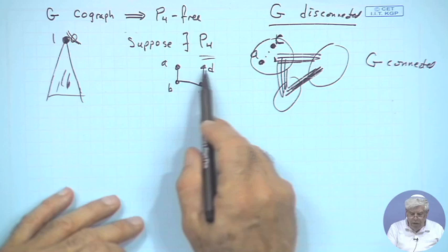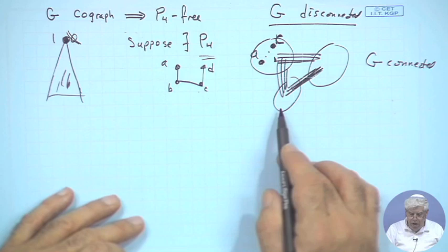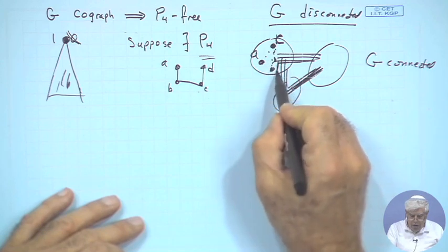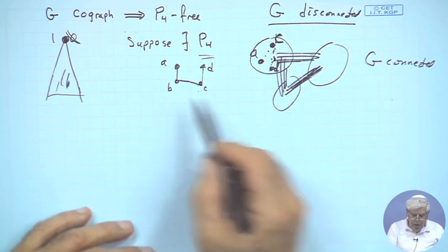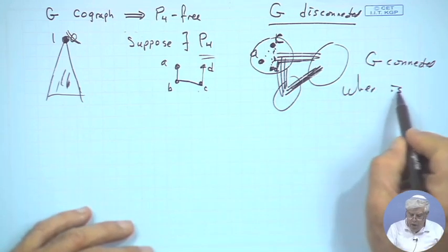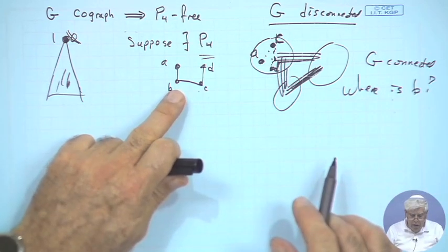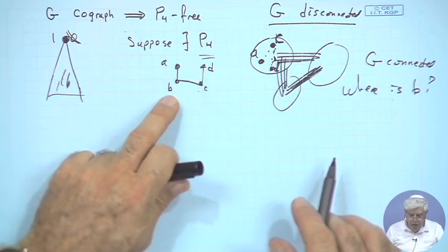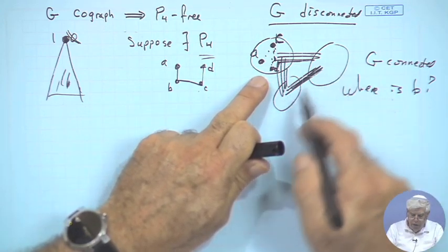Similarly, A and D is a non-edge. So A and D cannot be in one of these other components since it's a non-edge. So D is also not here. It must be together with A and C. Where is B? Well, it's disjoint from D, so it cannot be in one of these outer suburbs.